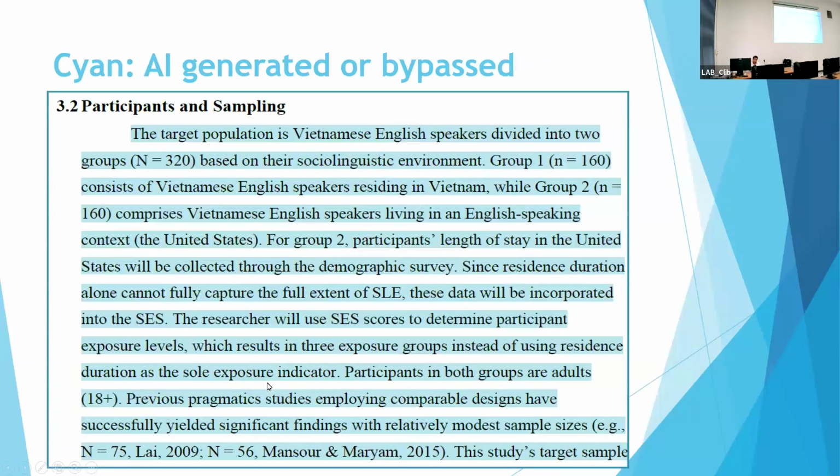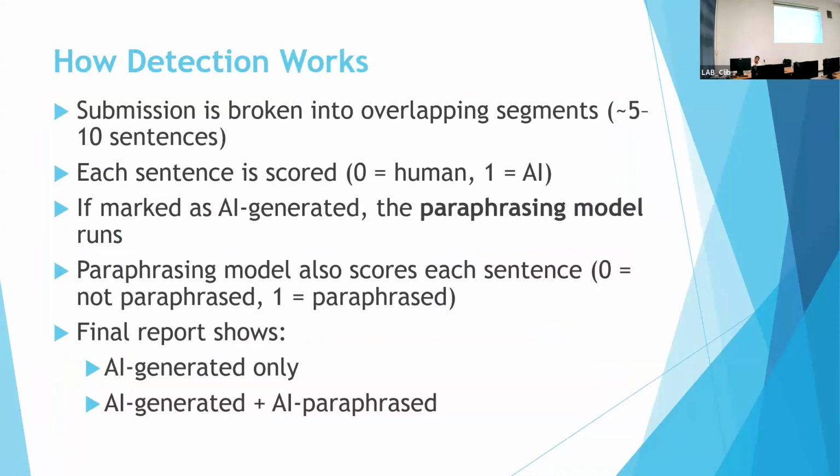And then how does it work? When you submit to iThenticate, they will divide your thesis into segments. Each segment contains 5 to 10 sentences. Each sentence is scored 0 to 1.